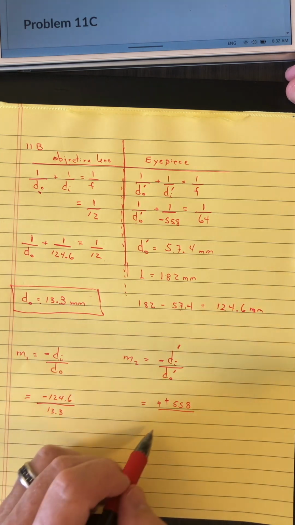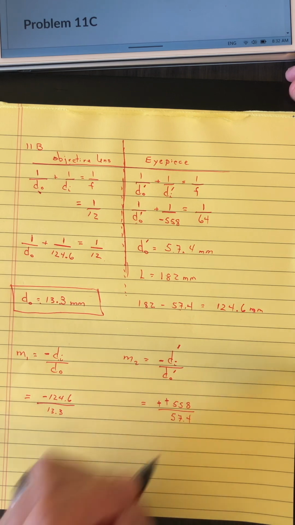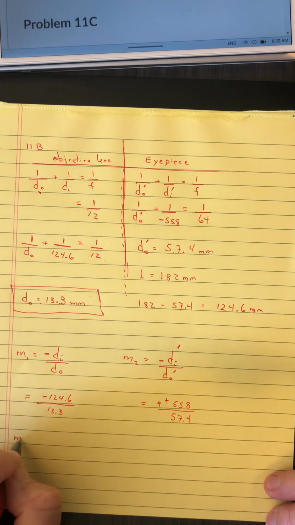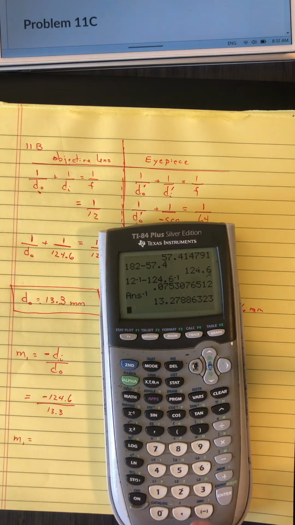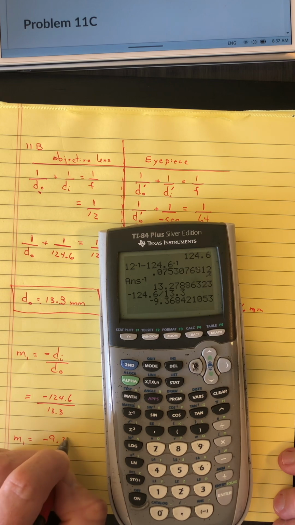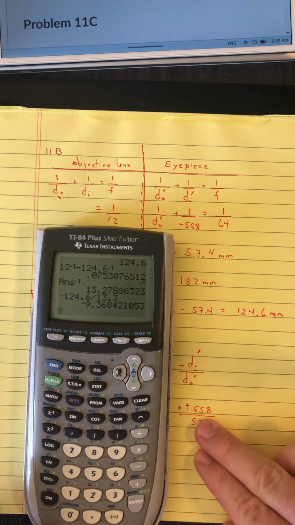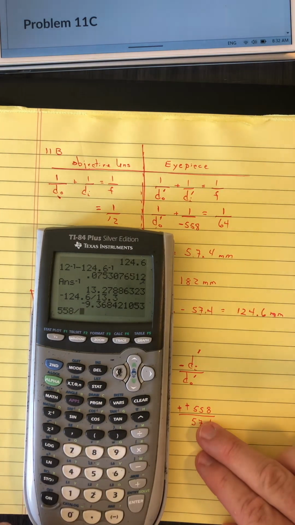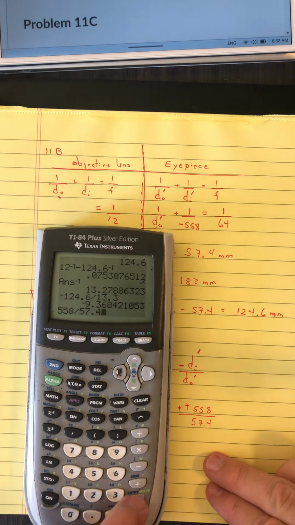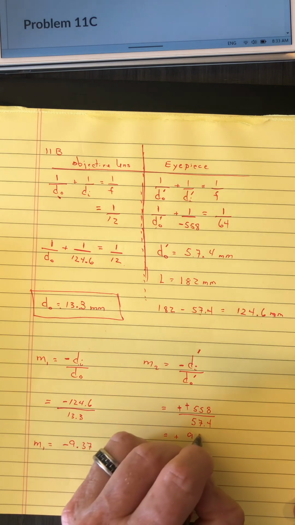Then the object distance is 57.4. So our first magnification would be negative 124.6 divided by 13.3, which is negative 9.37. Our second magnification would be 558 divided by 57.4, which is a positive 9.72.